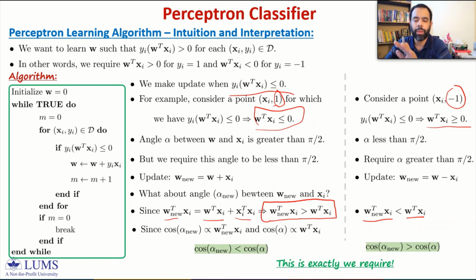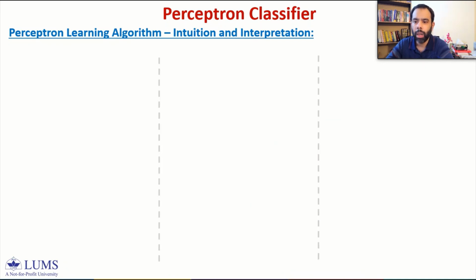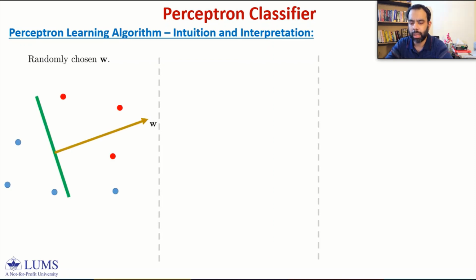Okay, let's analyze all of this geometrically. We assume that we have linearly separable data and we randomly choose W. Say we have this data set and we randomly choose W. All of the blue points and all of the red points are on the right side of the plane, but one blue point, this one, is on the wrong side of the hyperplane.